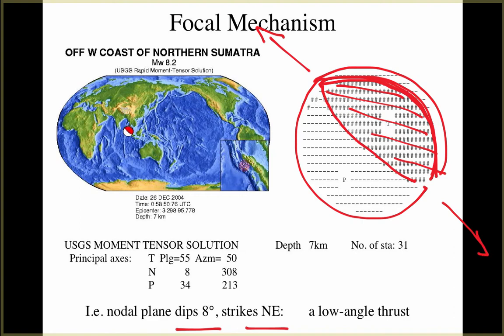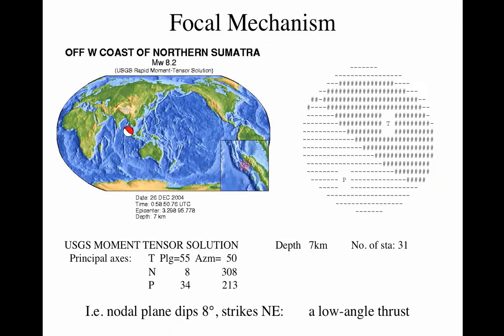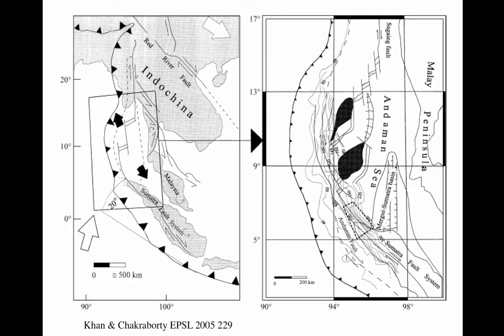These automated solutions give us the first, most basic information, but in this case, this large earthquake only gives us the broadest-brush information about this subduction zone. In fact, the detailed tectonics are far more complex.